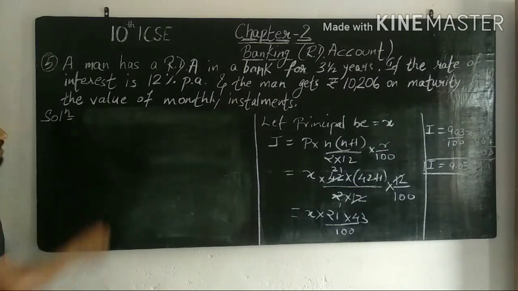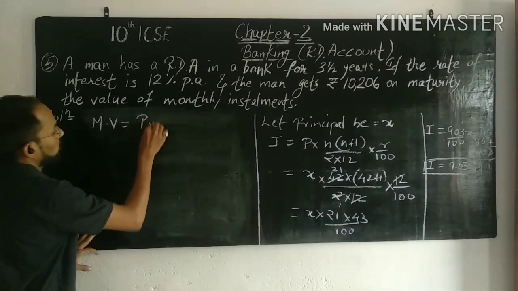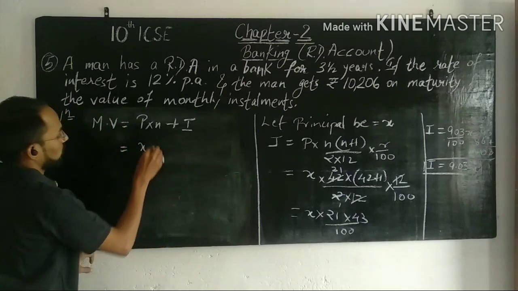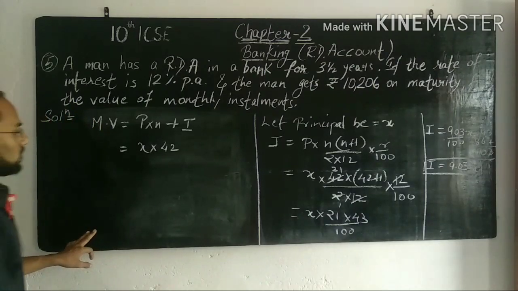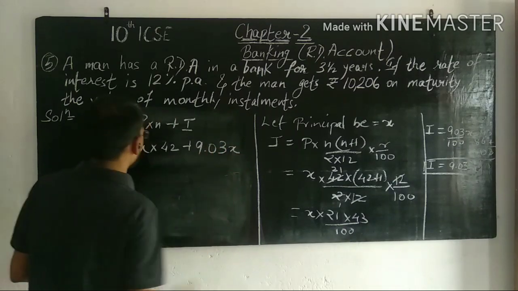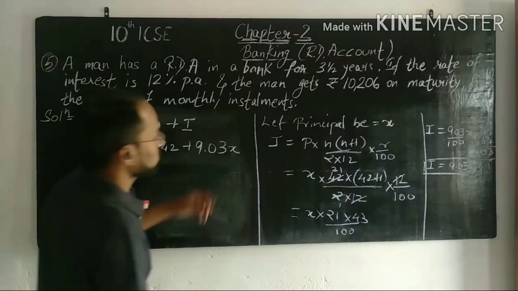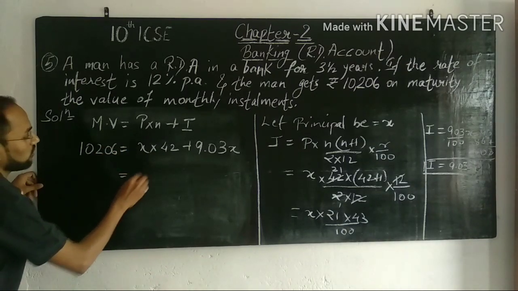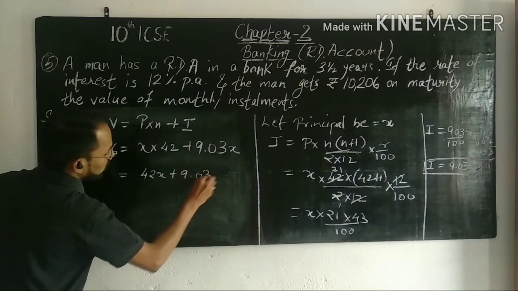The maturity value formula is MV equals P into n plus I. We have P, which we consider as x, into n. We have n as 42 months. The value of I we have previously found is 9.03x. And the maturity value we obtained is 10206. Now we will multiply 42 into x, which is 42x plus 9.03x.